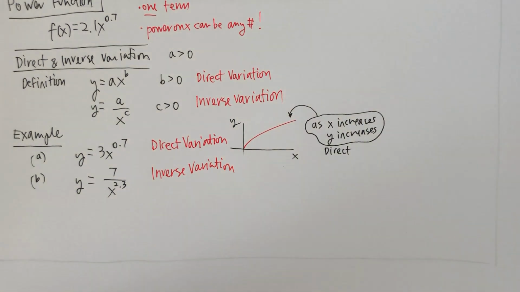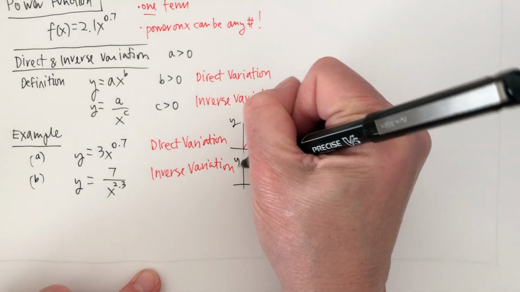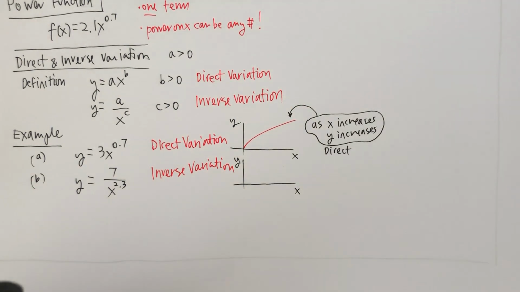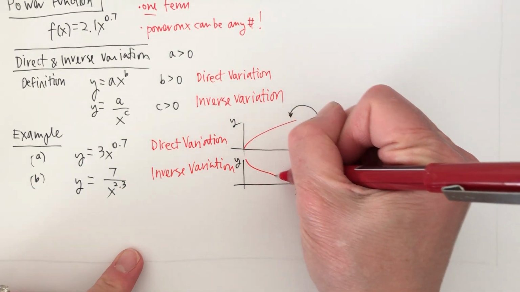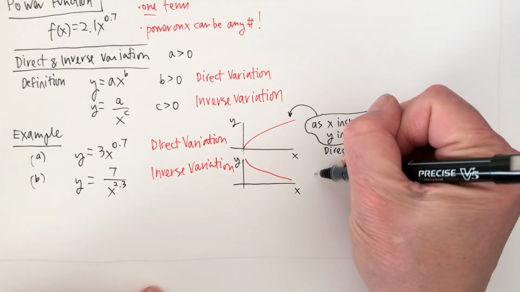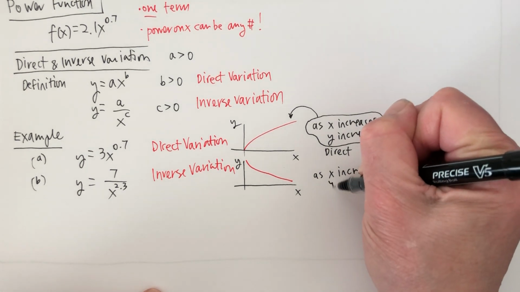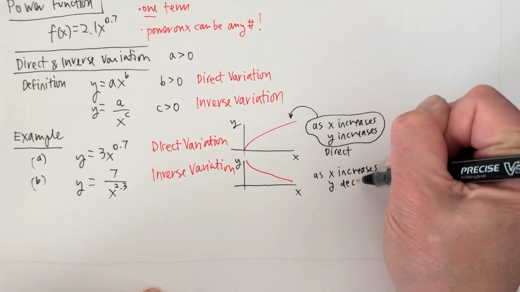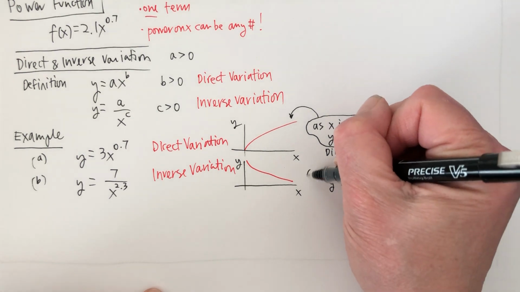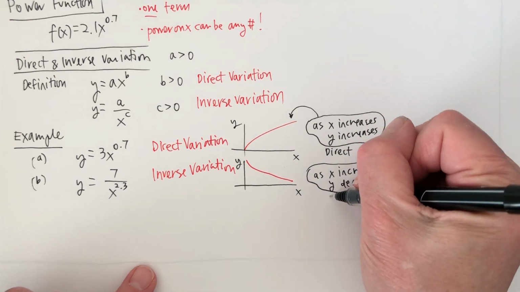If I were going to graph this, there's x and y, I'd see something that looks like this. And you could try this on Desmos, try to graph it, and you'll see. Here, as x increases, y decreases. This is an attribute of inverse variation.